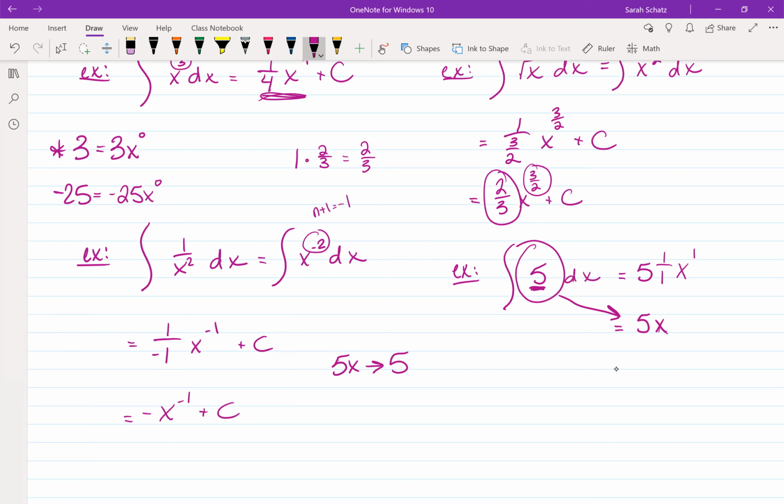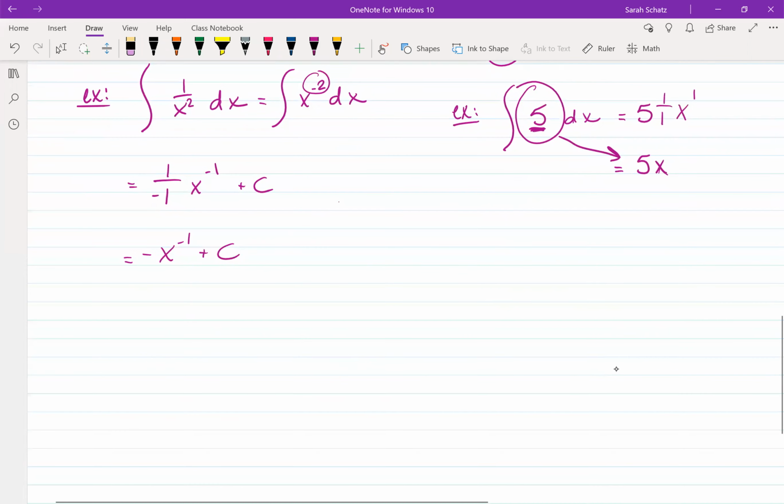The x just goes away. If you started with negative 50x, what's the derivative of that? Well, it's negative 50. So if you're going backwards, if you have a constant, when you take the antiderivative, all that happens is it gets an x. You can see the power rule happening behind that. So you know why it's happening, but that's what is happening.